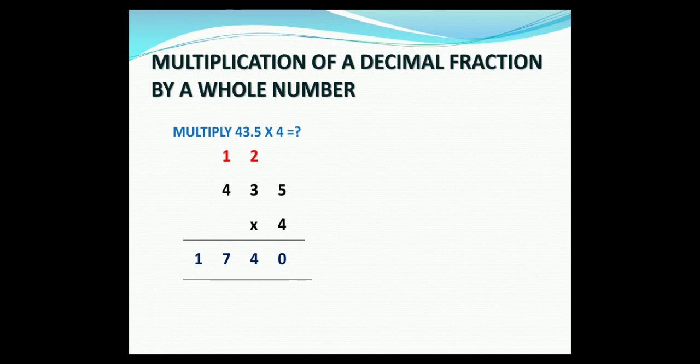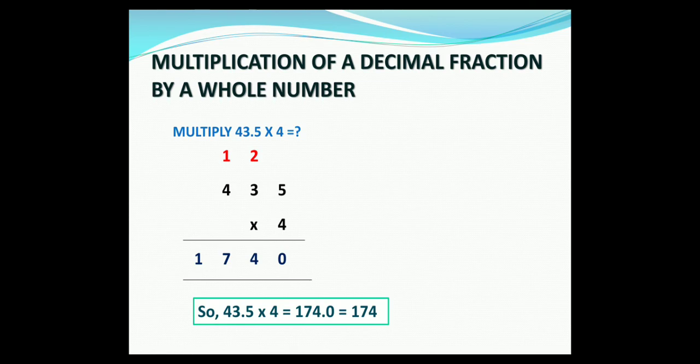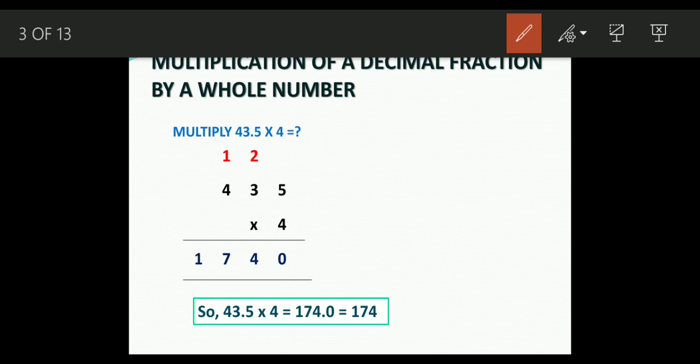Now once you found the answer, while writing the answer you will keep the decimal point. How will you keep the decimal point? Now you see how many numbers are there after the decimal point in 43.5. This is my decimal point.